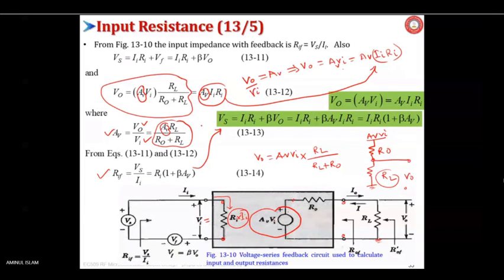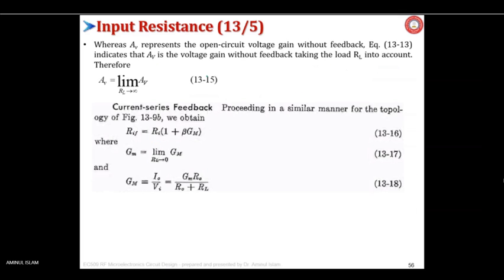These are small. Let me take another color. This Av is different from this Av. Regarding that, Av with small v represents the open circuit voltage gain without feedback.